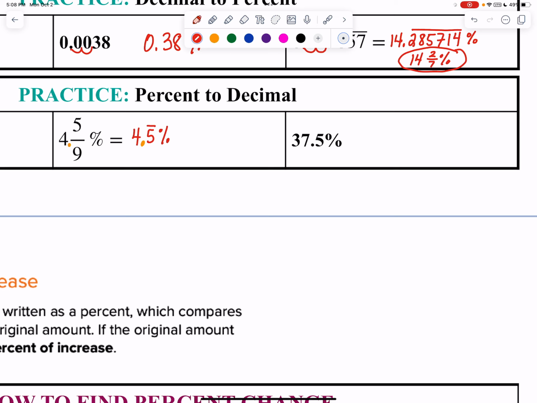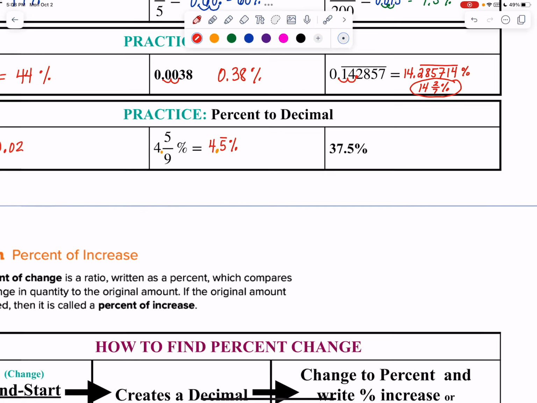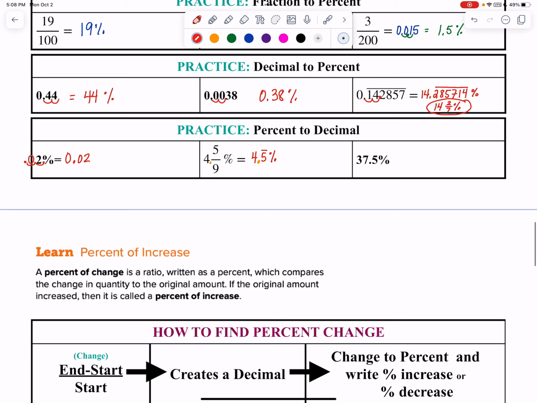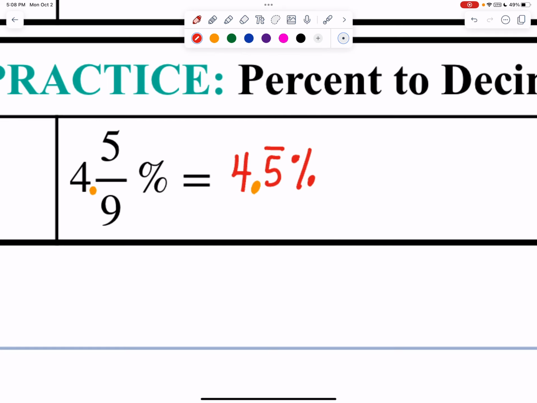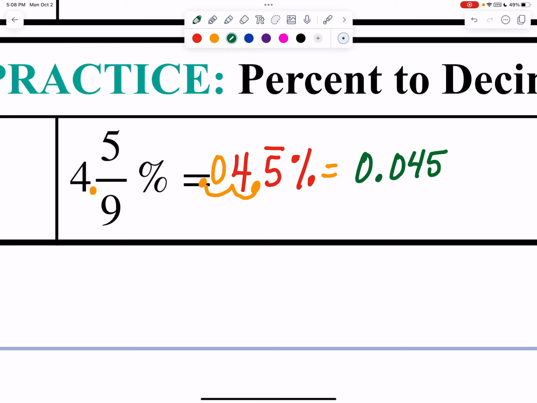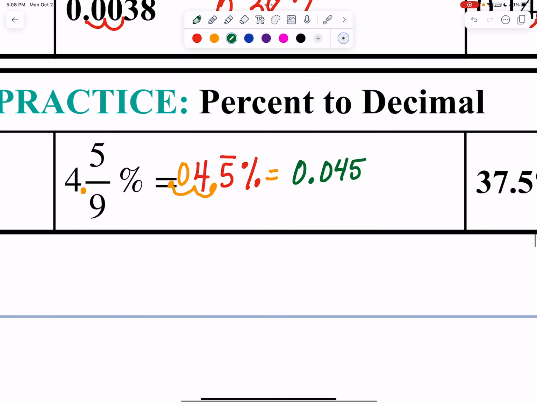So right now I have 4.5 repeating percent, and I need to move the decimal, okay, 2 spots to the left. So let's go ahead and move that. So we have 1, 2, and so here's my new number, and I have 0.045 as my decimal, okay?